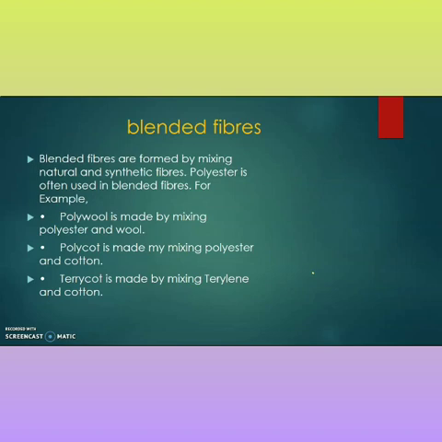Blended fiber. This is very important. Blended fibers are formed by mixing natural and synthetic fiber. Polyester is often used in blended fiber. For example, polywool. It is made by mixing polyester and wool. Polycot is made by mixing polyester and cotton.